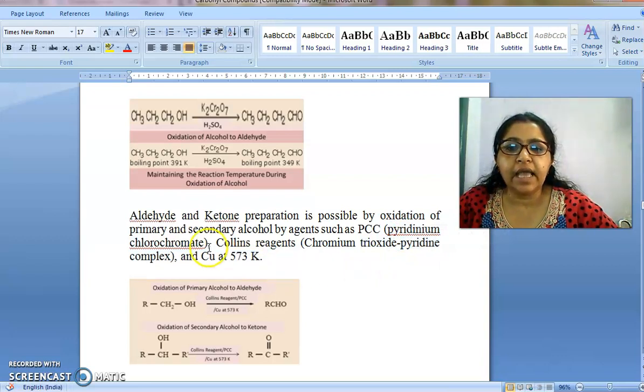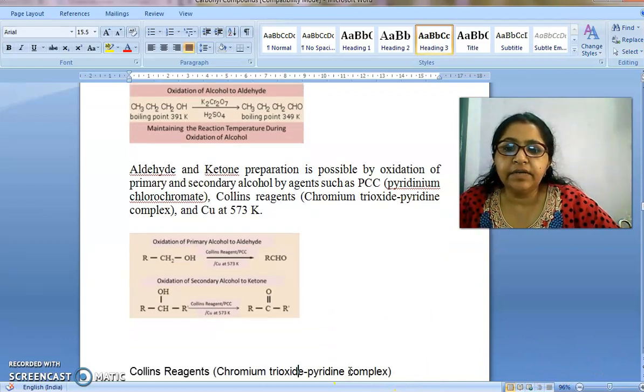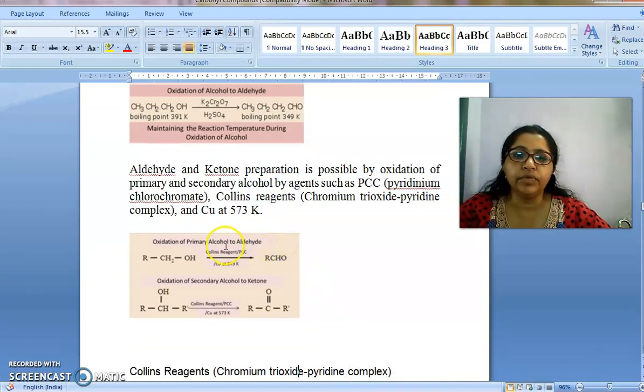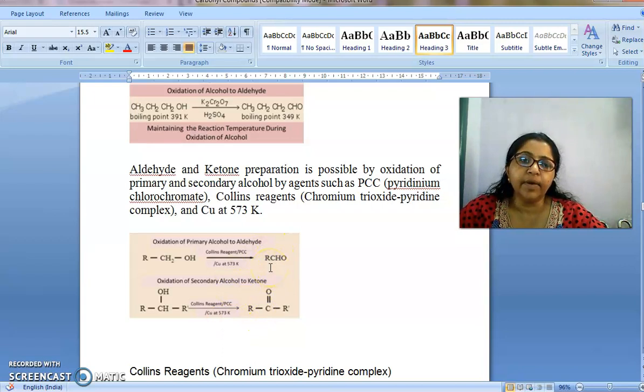We can also prefer copper at 573 Kelvin. Let us see how this reaction proceeds. Whether we use a primary alcohol or a secondary alcohol, we will end up with only carbonyl compounds. It will not proceed to carboxylic acid.